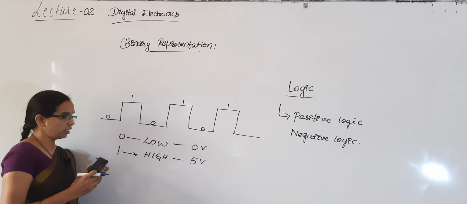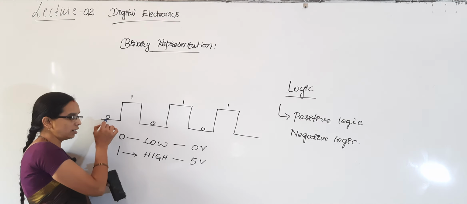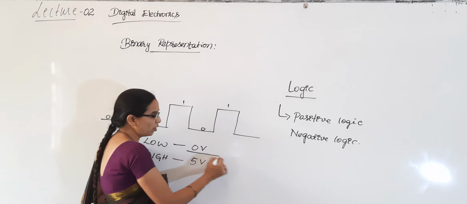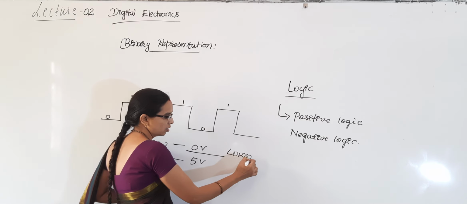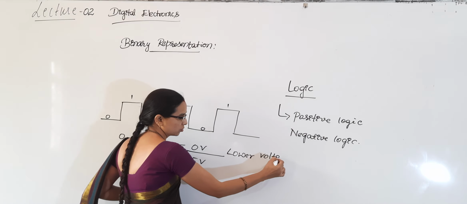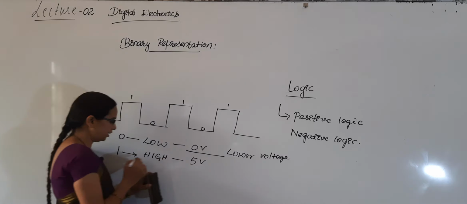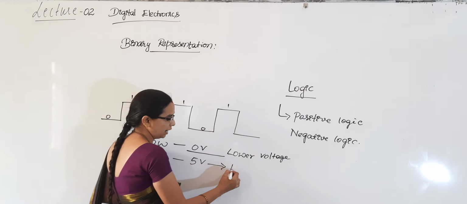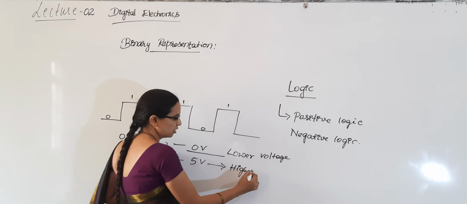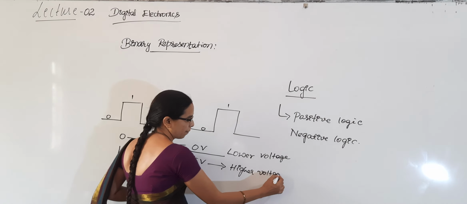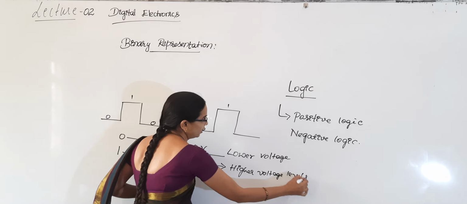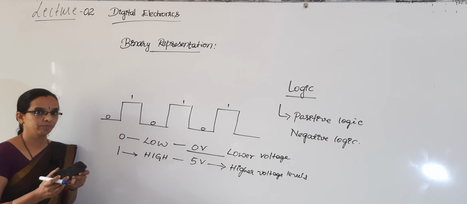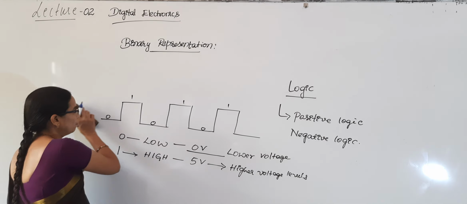In positive logic, if the 0 state or low state is represented by lower voltage levels, and the high state or 1 is represented by higher voltage levels, then this type of logic is called positive logic.